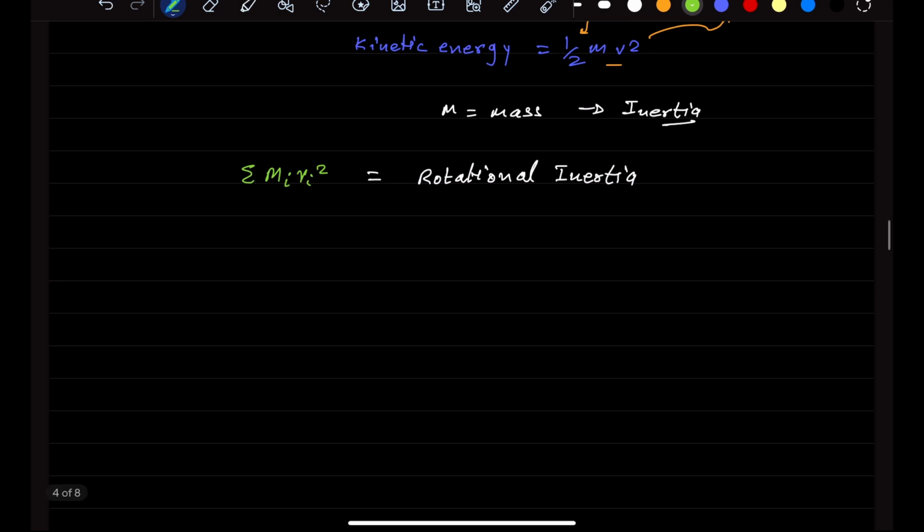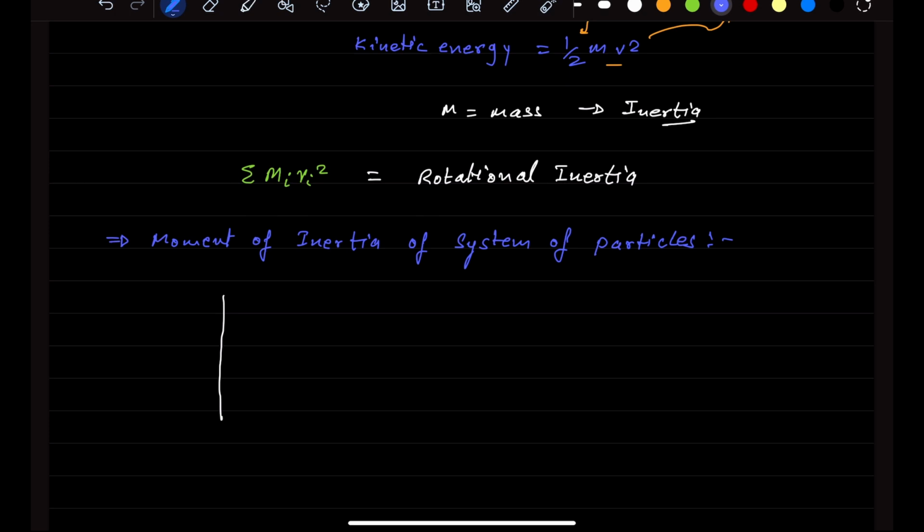So let's write down. So for a rigid body or for a particle, let's say, or system of particles, let's draw it. Moment of inertia of system of particles. Let's assume that this is the axis of rotation and there are particles situated somewhere like this.